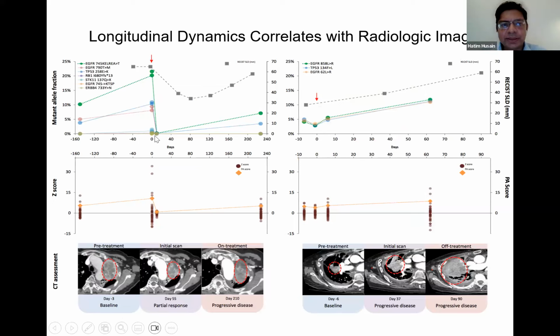I think some interesting points here is that initially we had some time points very early. We had some time points even 12 hours after the administration of the EGFR inhibitor, and then some time points about 7 to 10 days after. One could see even that soon, at least at 7 to 10 days, a suppression of the clones on top of the therapy.